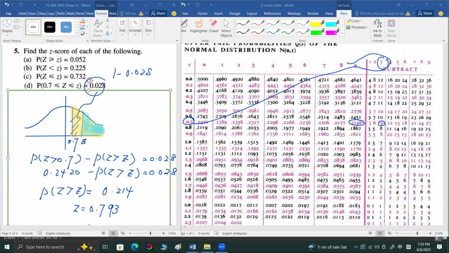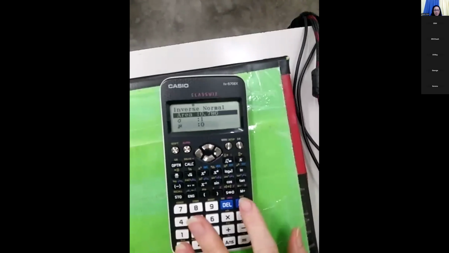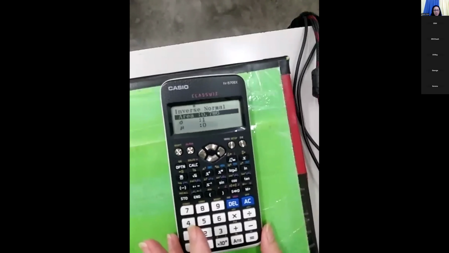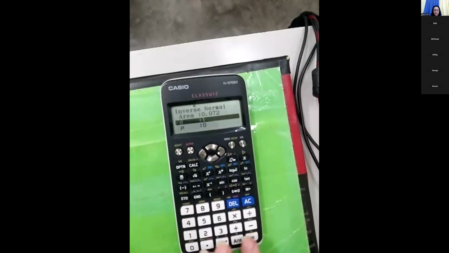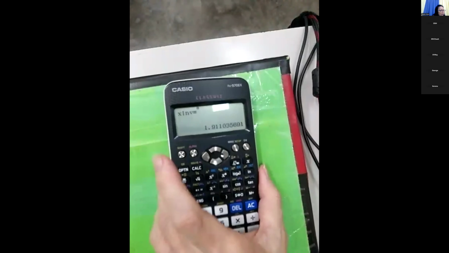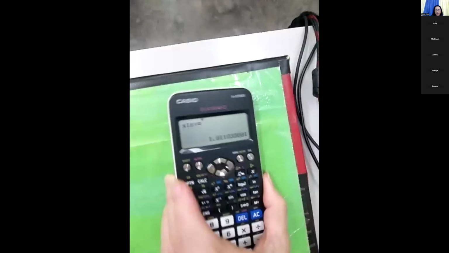Okay, George, I'll show you my screen here. Okay, let's see. Same, you go to the inverse, you remember, right? So you see the area here? You get 1 minus 0.028. Okay, see, the answer just now is 0.793. What happened here? Oh, I keyed in the wrong thing. Sorry.